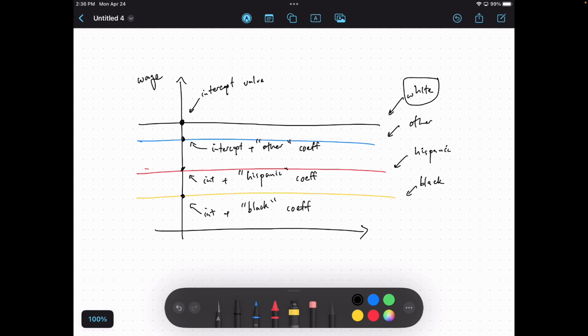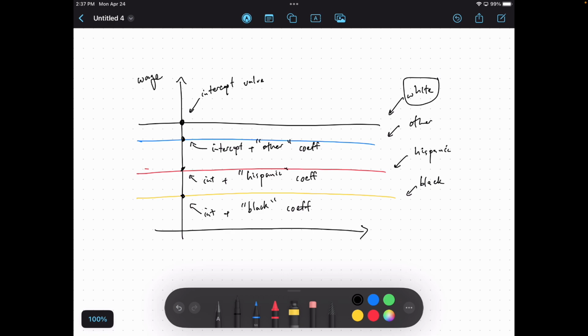And any measure of statistical significance for the non-baseline ones is just indicating how different statistically any of these lines might be from a baseline. All right. Questions?